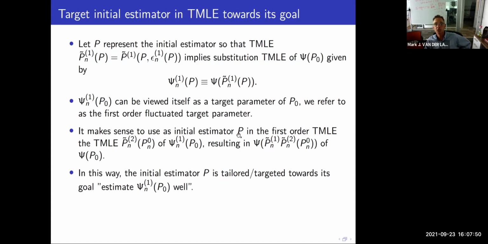So it makes sense to use as initial estimator in the first order TMLE the TMLE which targets this parameter, which is essentially like a derivative of Psi, because it's Psi at something which goes away from P in the steepest direction. So in this way, the initial estimator is tailored towards its goal, the way we're going to use it. So that's the idea of second order TMLE.